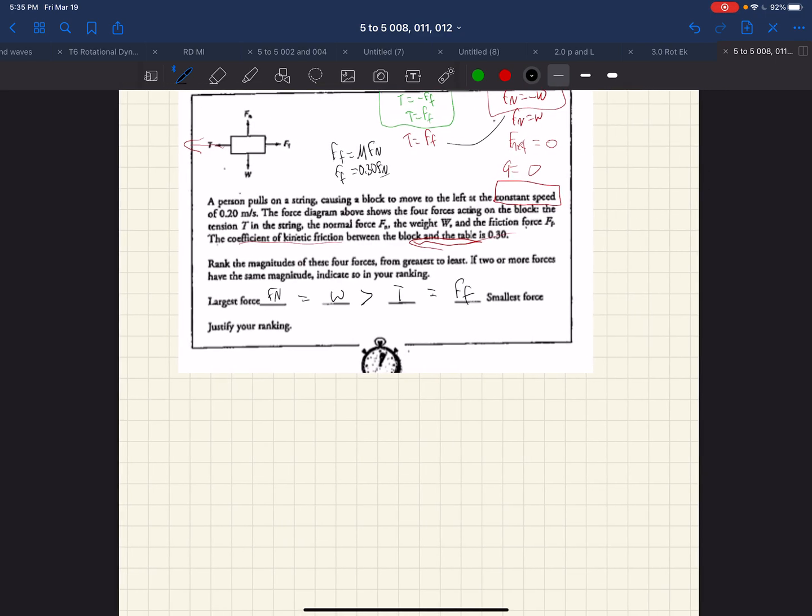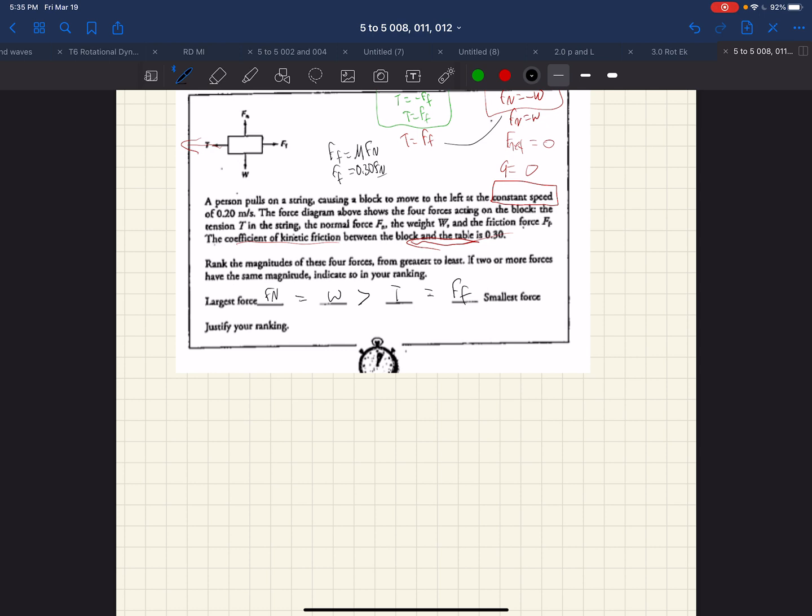Now, of course, to justify this, we need to explain that. What we might say is the block does not accelerate in either the horizontal or vertical directions.